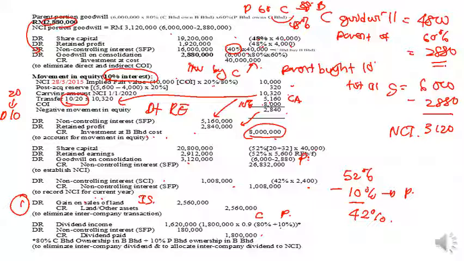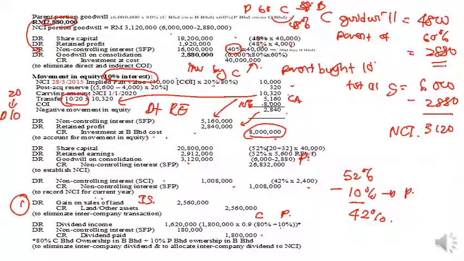So share capital 48% times 40, and then this one is 48 times 4. Okay, retained profit, and then for the NCI here, NCI has 40% times 40%, here is the investment by C. Okay, investment by C. So C has 40%, so we're going to have 16 here.